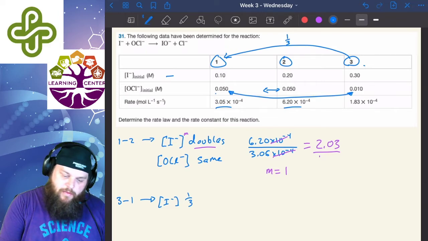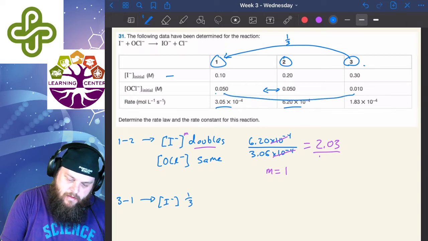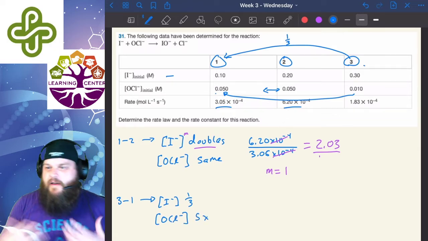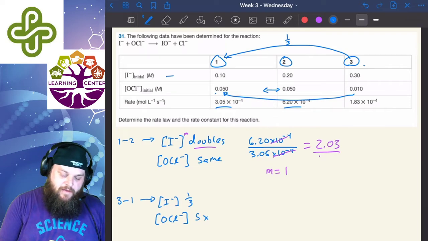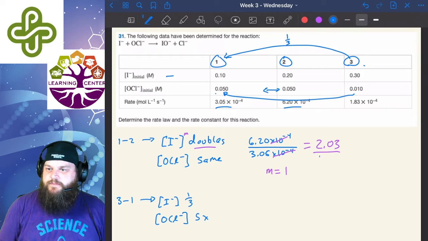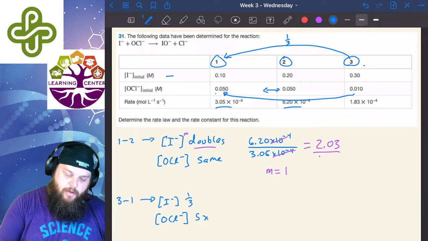And I'm going 3 to 1 for this bottom one as well, because that way my concentration of OCl minus is 5 times as large as it was before. So we're increasing that concentration by a factor of 5, and decreasing the concentration of iodide by a factor of 3, or multiplying it by 1/3. And then we can determine what our rates are.